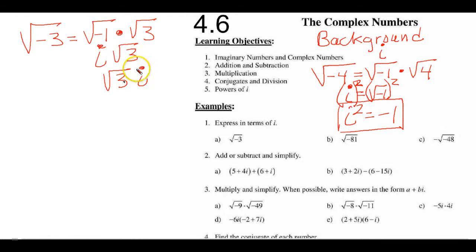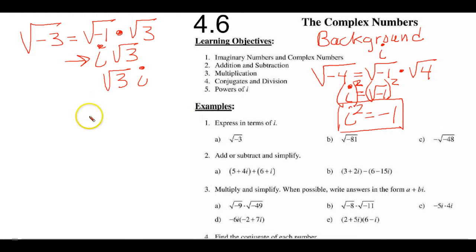Now the problem with this is sometimes you might extend the radical sign to include the I. By having the I in front, that prevents that happening. So this is sort of the preferred way, but this is the way you'll see in the future. We'll show you that that's really the proper way to write it, but this way is completely acceptable.